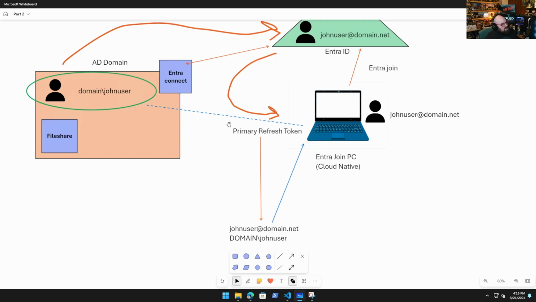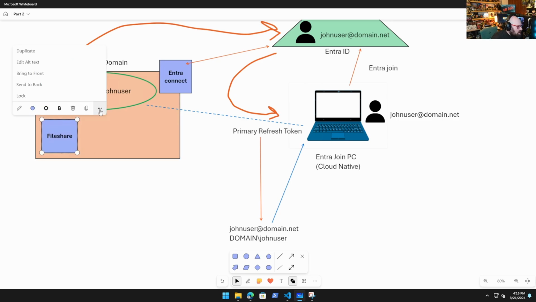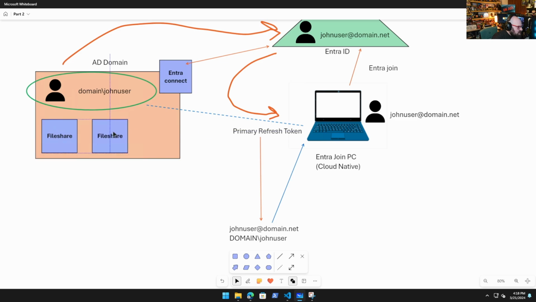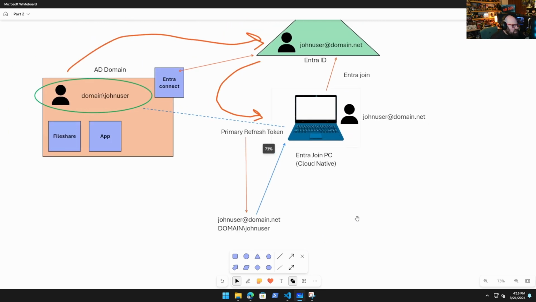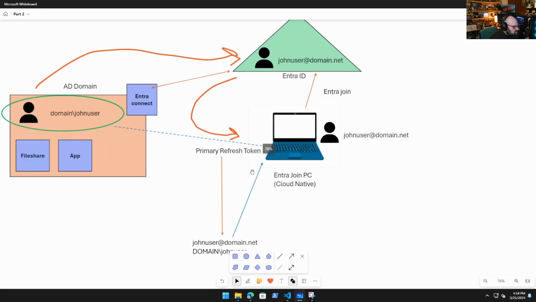Now that means, depending on the domain and on what you're trying to access, like a file share or possibly an application, you're going to have to make sure you're passing that through, so you could be prompted to enter that information. Now, let's say you make the move to Entra join and you want to use something like Windows Hello for Business or something modern, or go passwordless.